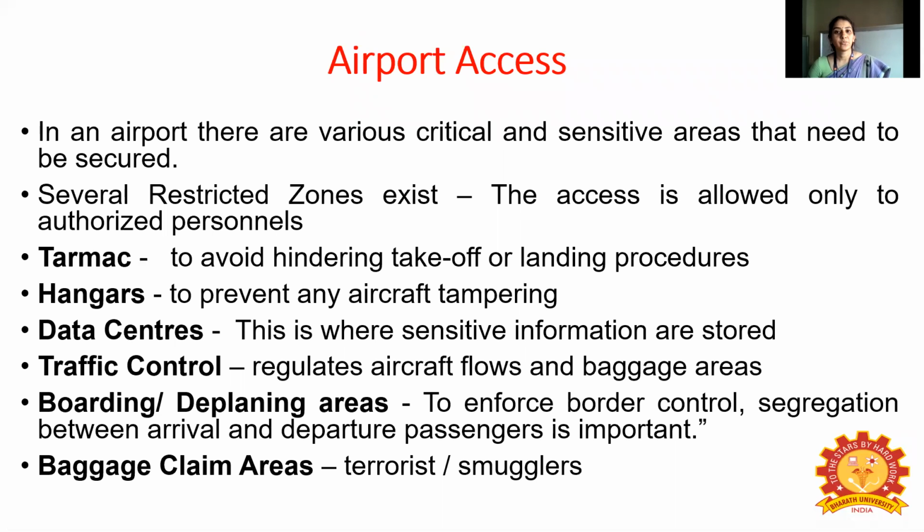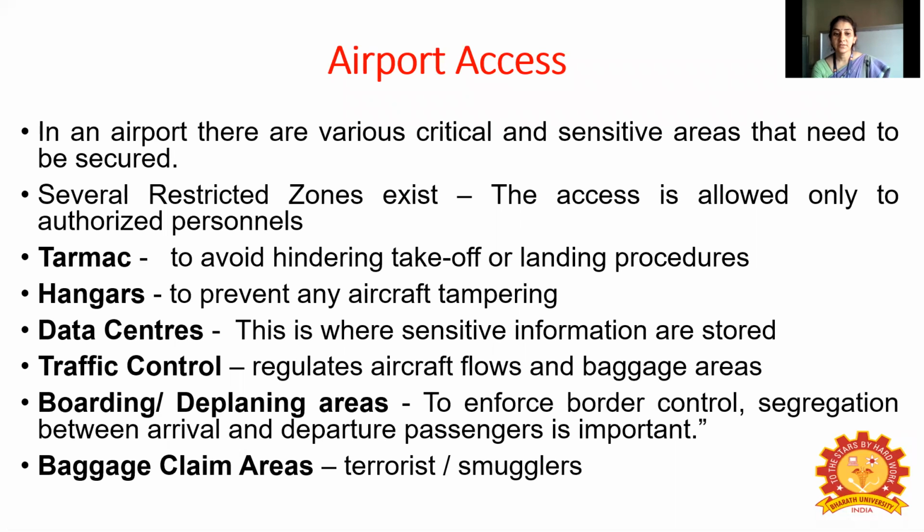And the next one is airport access. Within the airport, not all places have access for passengers. There are a few places where the access is restricted. That is called a restricted zone, or it can also be called sensitive areas. The areas which are more sensitive and restricted are the tarmac, which we have already seen, the hangar, and data centers. A data center is where sensitive information about the passengers, the airline, everything is stored.